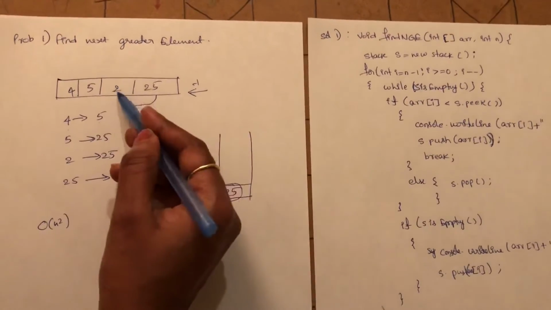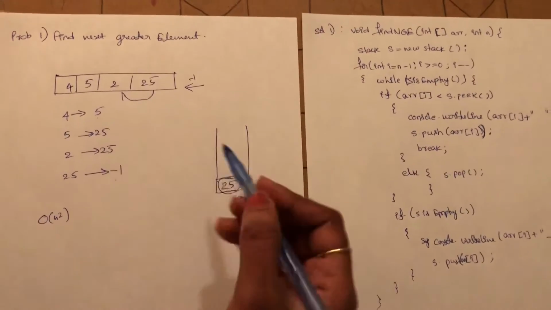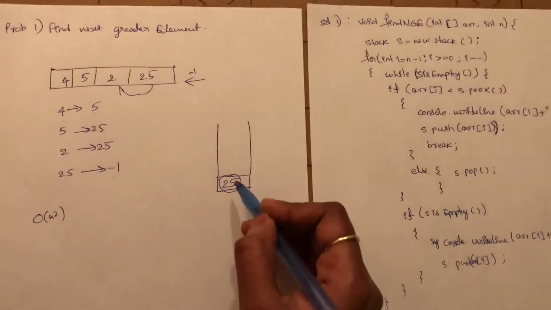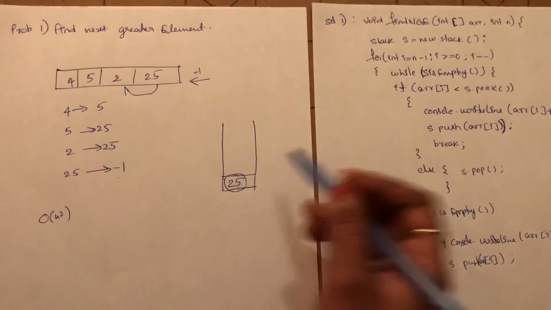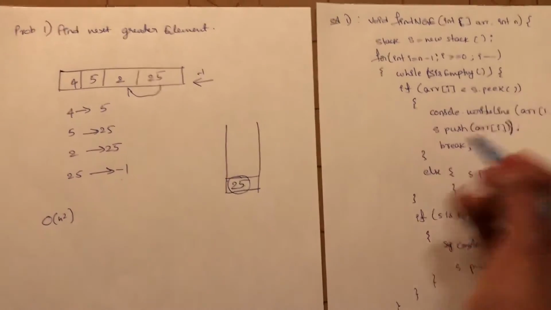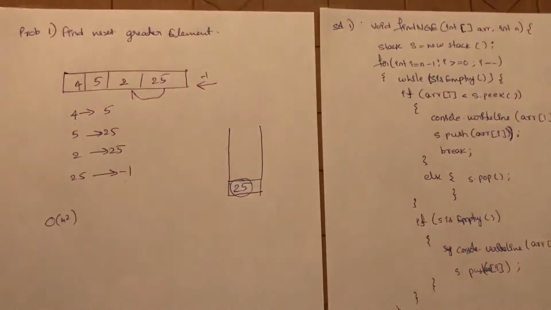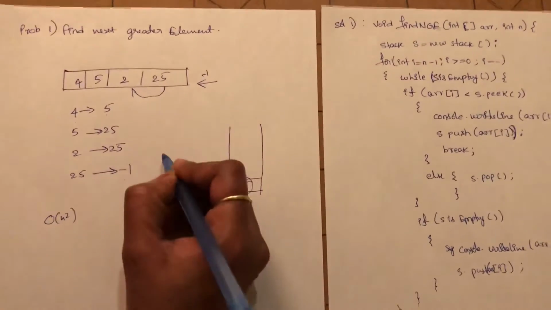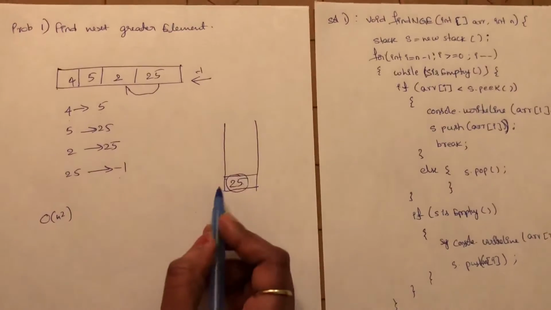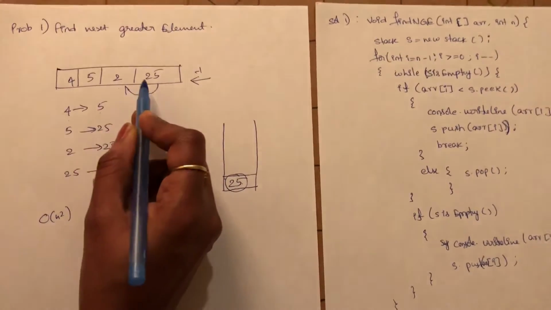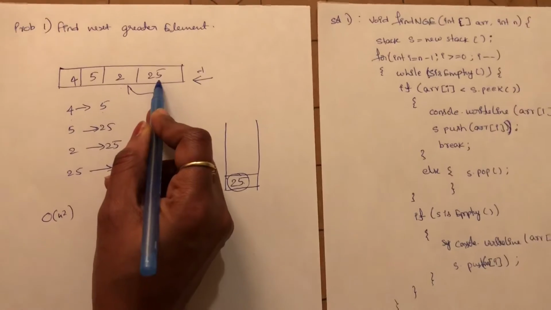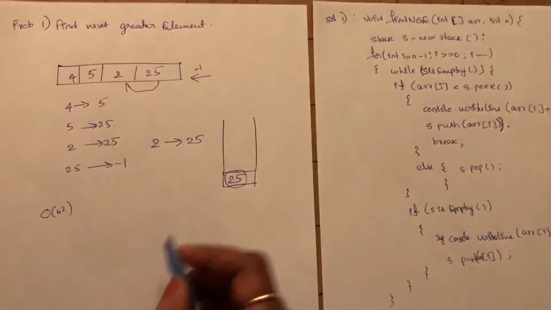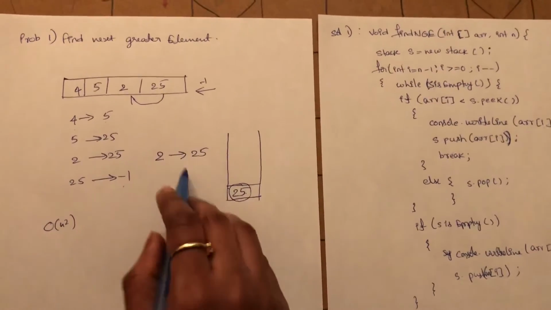It checks whether array of i is less than the stack peek element. If it is true, it prints that as the greater element of array of i. So here it compares, is 2 less than 25? Yes, it is. So for 2 it prints 25 as the immediate next greater element.